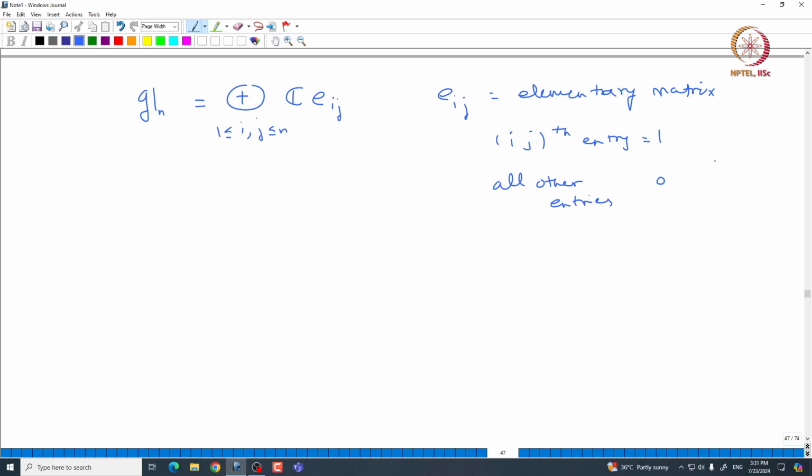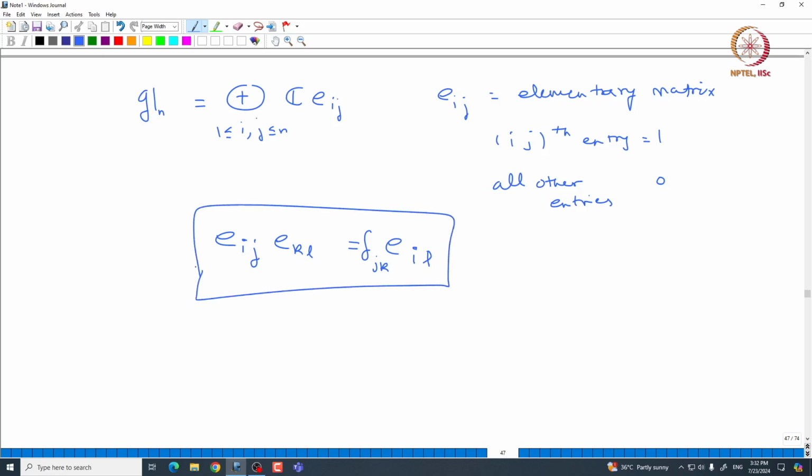Note that if I take E_ij E_kl, the product is going to be E_il with the delta coefficient delta_jk. Whenever j equals k, it will be E_il, or otherwise it is 0. So, this is a very important formula. It is immediate from the action of E_ij on the basis. Okay.